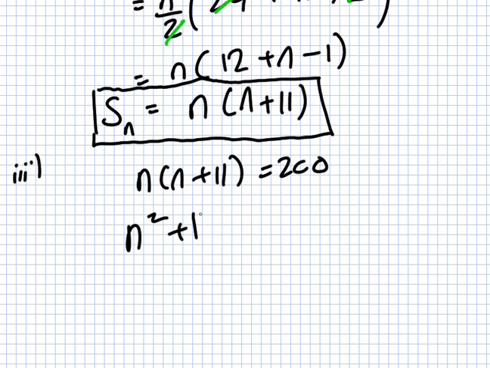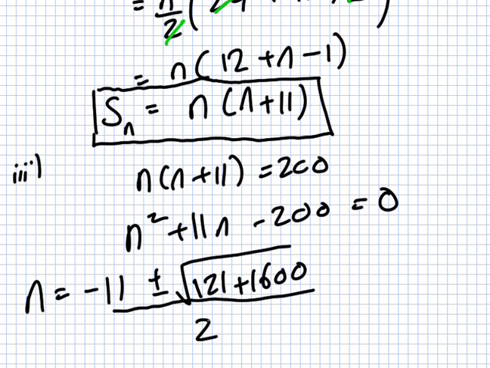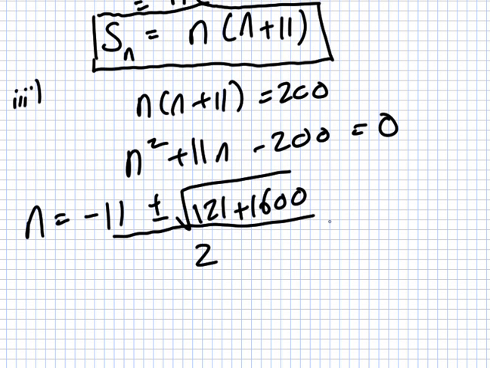N squared plus 11n minus 200 equals 0. So you have n equals minus b plus or minus the square root of b squared minus 4ac all over 2a. I hope that's right. No, that's not 600. It's 800, isn't it?